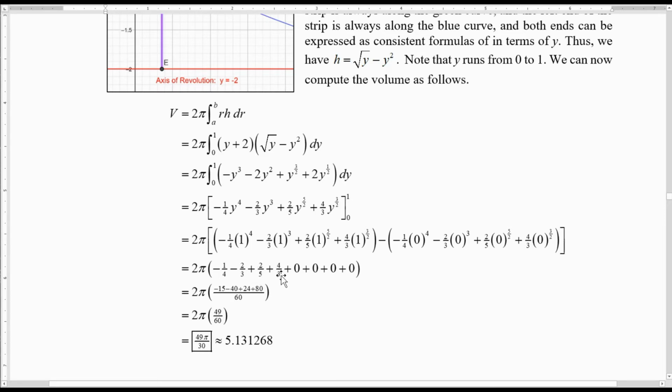And here we multiply top and bottom by 20 to get 80 for the top. And then just add the numerators, you get 49. This 2 cancels that 60 down to 30. So the final exact answer is 49 pi over 30, or 5.131268, accurate to that many decimal places.